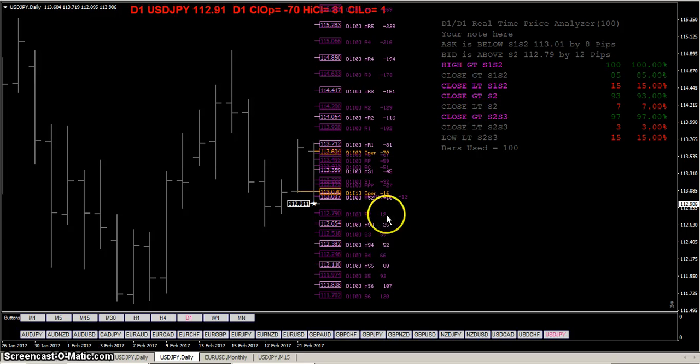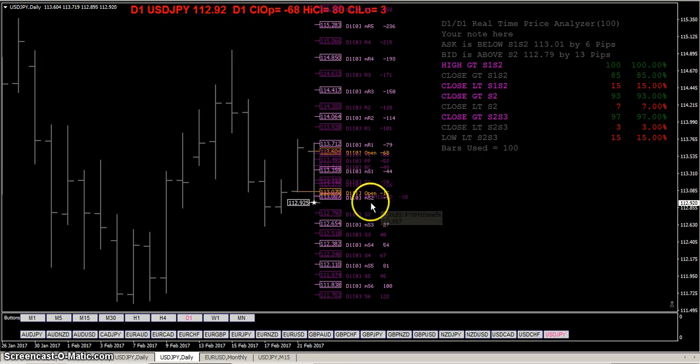Close is greater than S2, and close is greater than S2, S3, which is the midpoint right here. And so what this indicator is telling me is that out of the last 100 days, close has been greater than S1, S2 85 times, or 85%. Close greater than S1, S2.